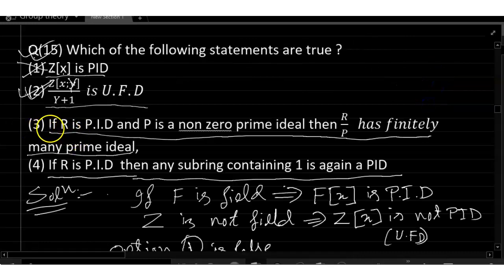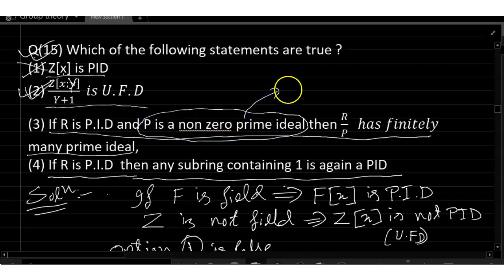Friends, if R is a PID and P is a non-zero prime ideal, this ideal is a maximal ideal.